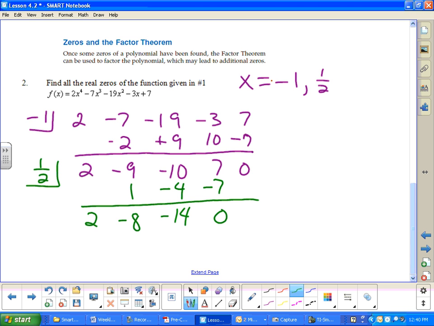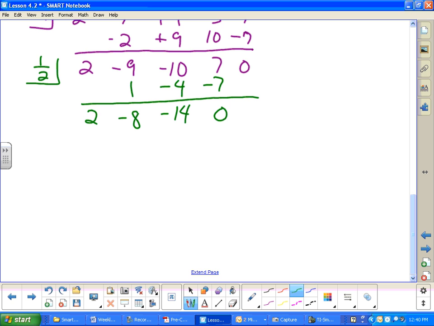Okay. Now, the nice thing about this is these are the values for A, B, and C for the quadratic formula, except I want to do one thing first. What do we know about all those numbers? They're all what? Okay, they're all divisible by 2 or multiples of 2.